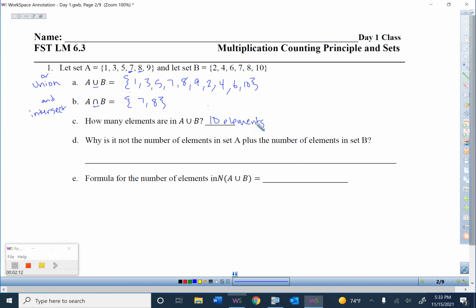But that's not the same thing as just adding the elements here to the elements here. Okay, that's because if you take these 6 and these 6 and add them up, you're really counting the 7 and 8 twice. So because there were repeats, we didn't actually have the same value as part C if we would do that.